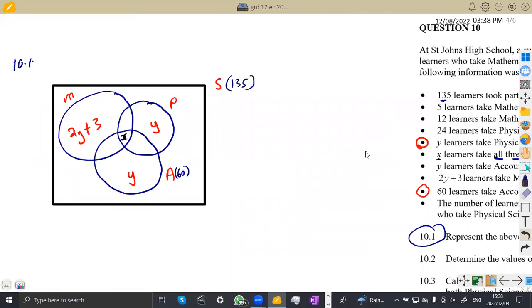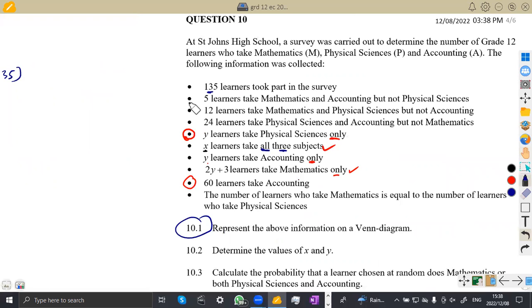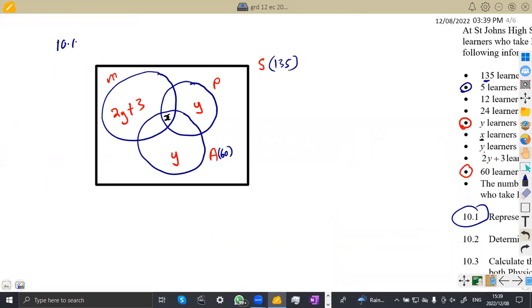Let's move on and see what we have on top here. 5 learners take mathematics and accounting, but not physical sciences, which means they are part of maths and accounting. Where do we have maths and accounting without physics?